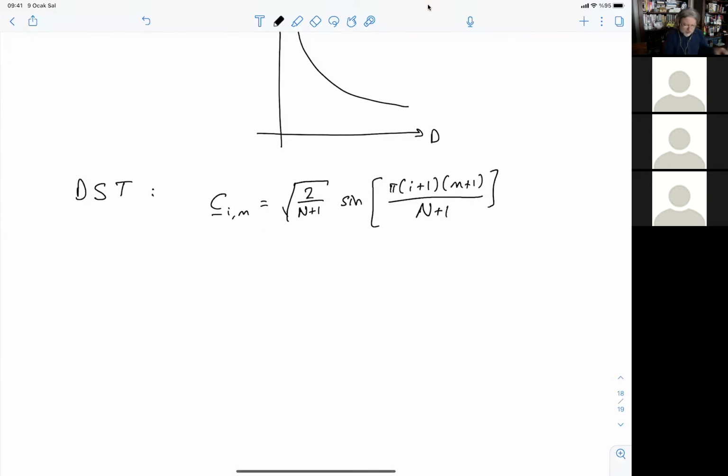So if you don't consider the plus 1 terms here, like i plus 1, m plus 1, and n plus 1, it's like pi i m over n. So it has a similar structure to the discrete cosine transform, where it is 2 pi i m over 2n. So 2n is the period.